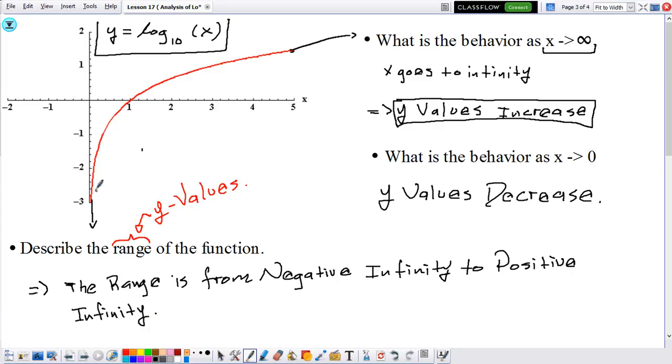Because here, if it's just decreasing, then we're going to call this negative infinity. And if it's always going to be increasing here, then it's going to be positive infinity. So it goes from negative infinity to positive infinity. And you can write this in set notation and just say from negative infinity to positive infinity. These are the properties that we're more concerned with and that we really want to understand when it comes to logarithm functions.